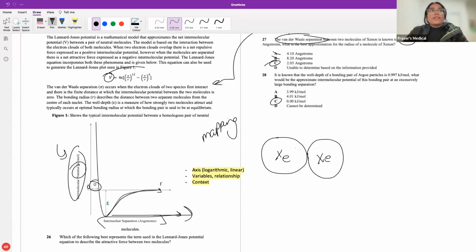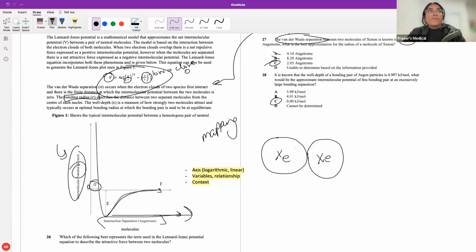Another way of thinking about it is if you use the formula. The bonding separation, the bonding radius, is given by R within the formula. And what do you notice about R? It's at the denominator. If I keep increasing my R, at excessively large values of R, the entire fraction becomes excessively small and close to zero.